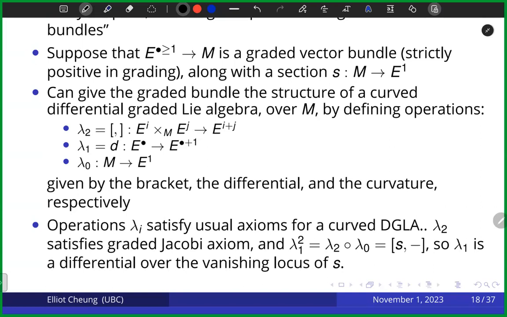So D squared over the vanishing locus of the curvature section will actually be zero. You can think of this as the fibers of this bundle being curved differential graded Lie algebras over complex numbers, and the fibers over the vanishing locus of the curvature section being uncurved differential graded Lie algebras.